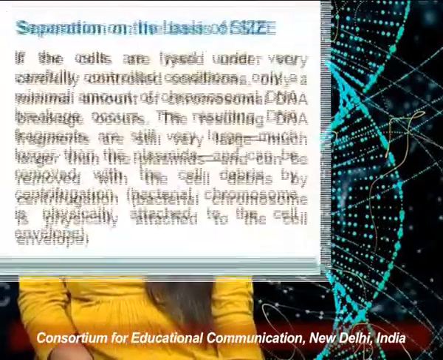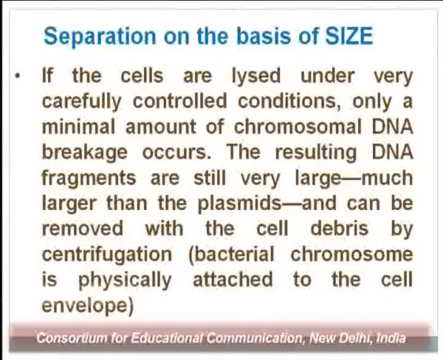And how do we do that? If the cells are lysed under very carefully controlled conditions, when we are cutting open the cells and isolating the DNA, there tends to be a mechanical shearing that can occur. If we do this lysis and the isolation of the total cell DNA in a very precise and controlled manner, then we get very intact DNA.